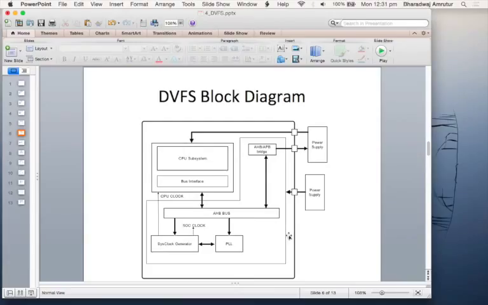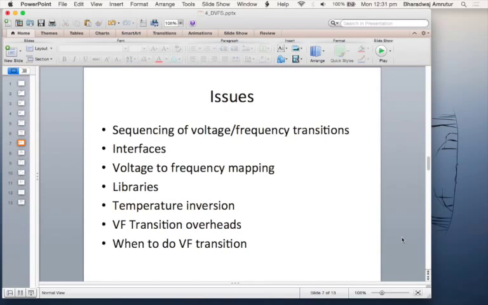Again, as I said, there are many different approaches people are using to figure out what should be the target frequency of operation for the next phase of operation of the chip. Now when you do that, what are the various issues in designing such a system and making sure that it works properly?